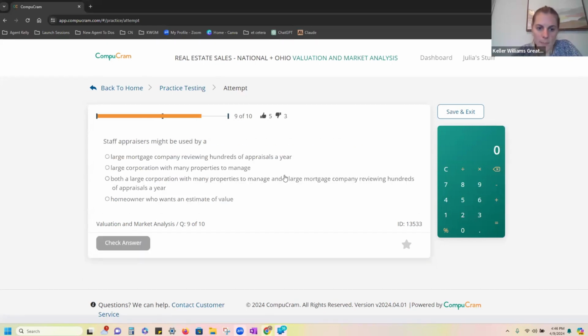Staff appraisers might be used by A, a large mortgage company reviewing hundreds of appraisals a year, B, large corporation with many properties to manage, C, both a large corporation with many properties to manage and a large mortgage company reviewing hundreds of appraisals a year, or D, homeowner who wants an estimate of value. So staff appraisers.